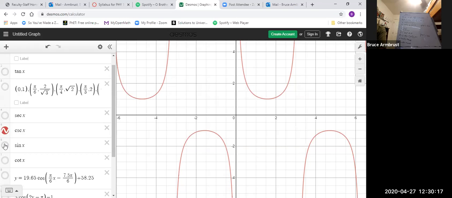So this is the graph of cosecant, and let me turn on the graph of sine. And this should have been one of those ooh, ah moments, right? Amazing. Look at how these graphs are related.